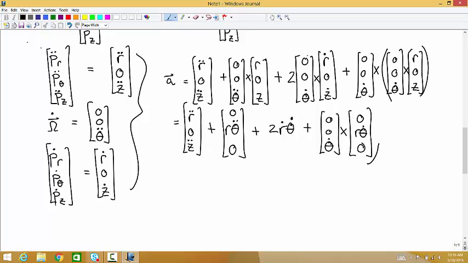And this one comes out to be in the x direction. These were in the y direction, right? This one in the x direction is negative r theta dot squared, 0, 0.